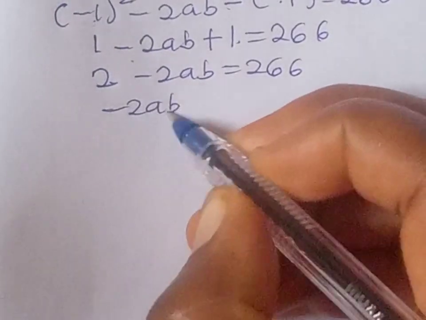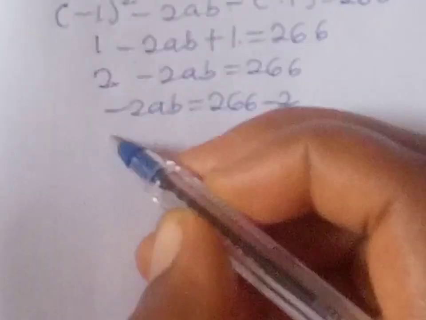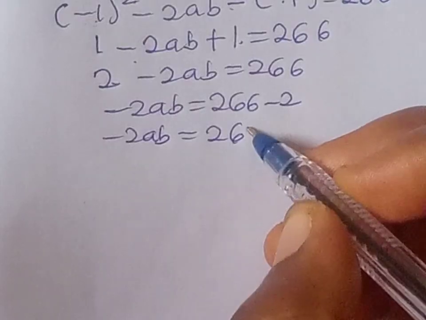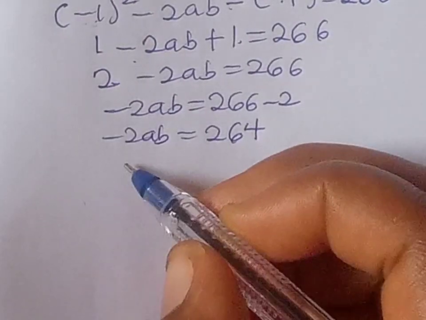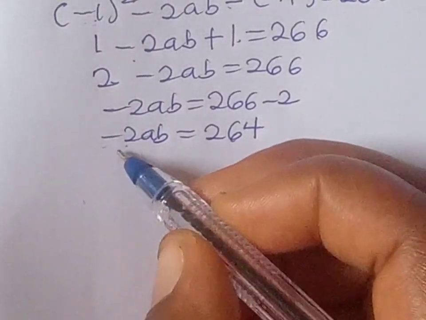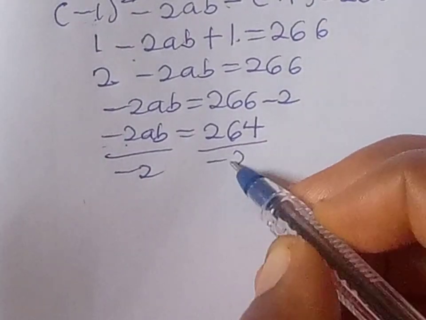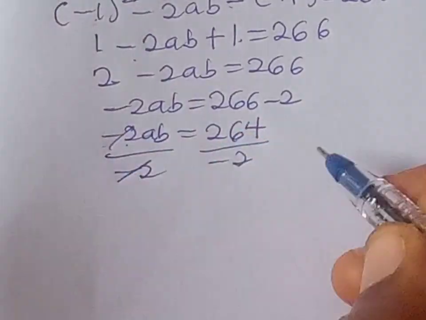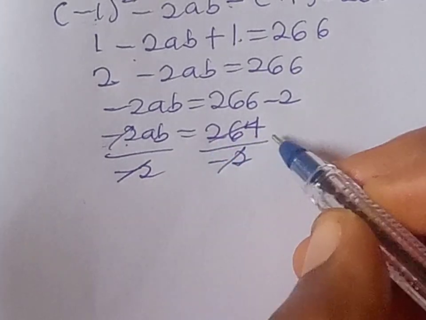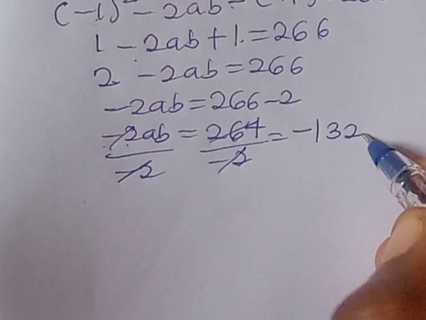Now let's collect like terms. Minus 2ab equals 266 minus 2. So minus 2ab will give us 264. Now let's divide both sides by minus 2. Minus 2 cancels minus 2. 264 divided by minus 2 will give us minus 132.